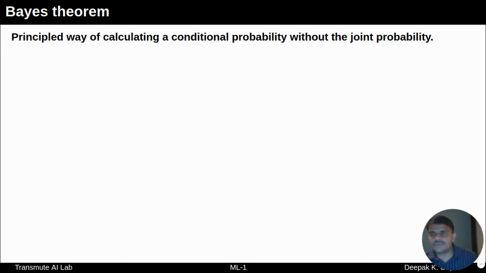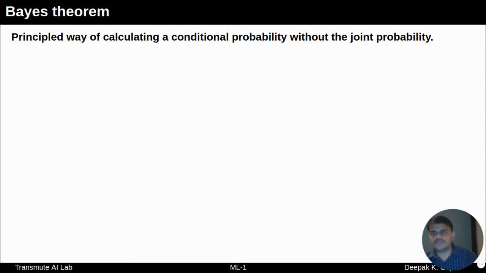And that brings us to Bayes theorem, a very simple but very important concept in machine learning. So what is Bayes theorem? It is a principled way of calculating a conditional probability without the joint probability. In the previous slides, we saw that we can use the joint probability and also the marginal probability to estimate the conditional probabilities.